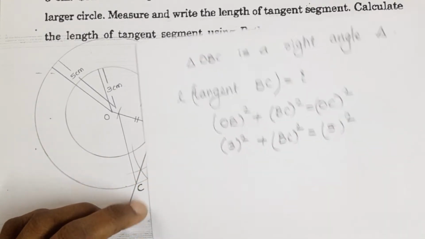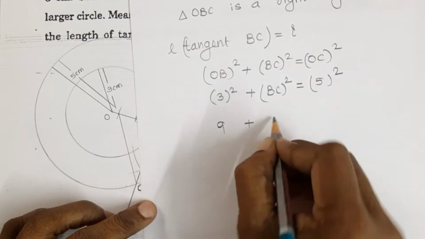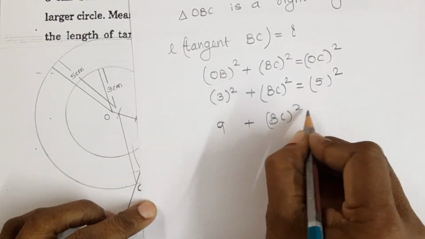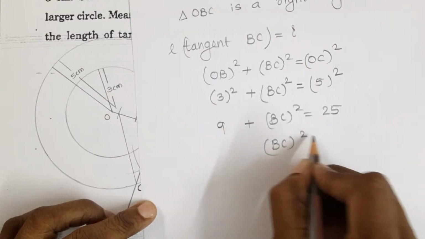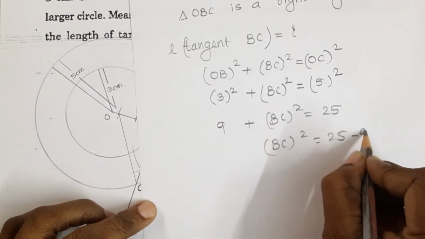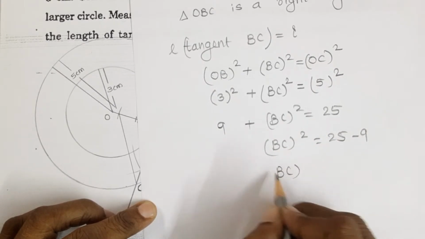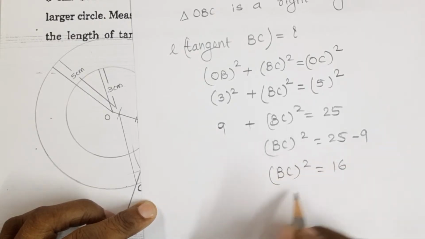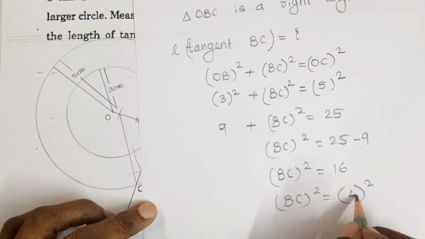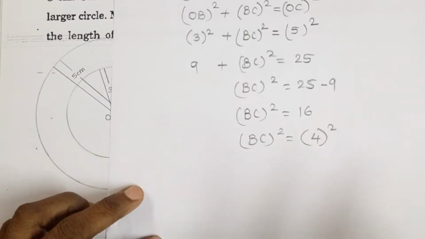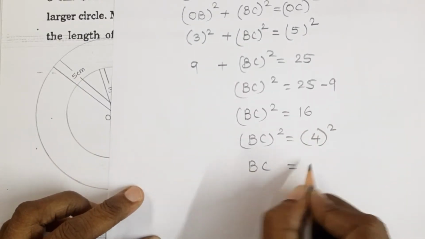Okay, so students, here 9 plus BC square is equal to 25. So BC square is equal to 25 minus 9, and here, students, BC square is equal to 16. So BC square is equal to square of 4, and that means, students, BC is equal to 4.